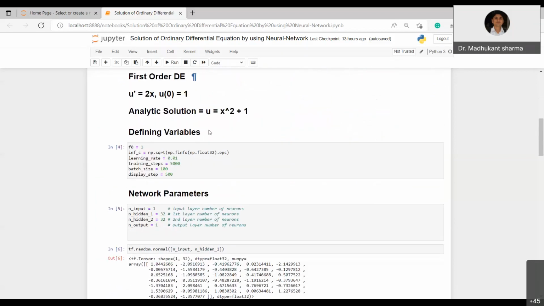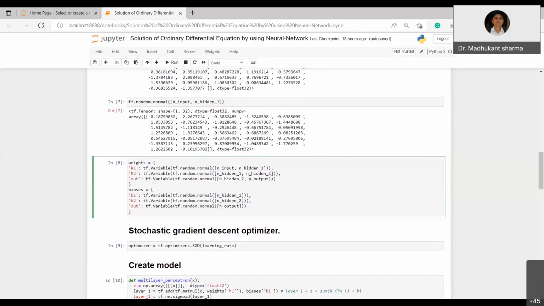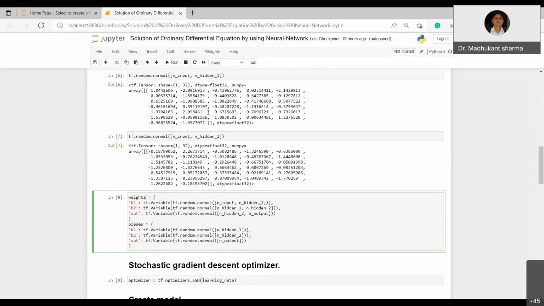So for that, I am defining h1 as one tensor from n input to n hidden layer, and it is also selecting values that follow a normal distribution, selected randomly.